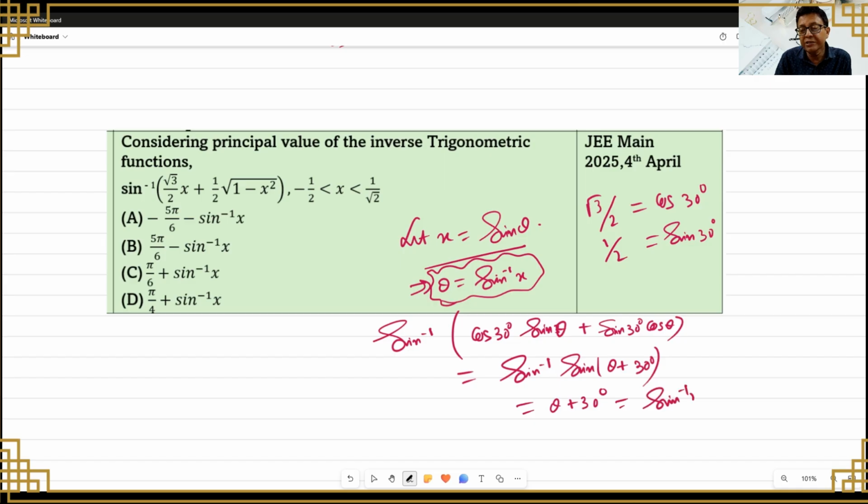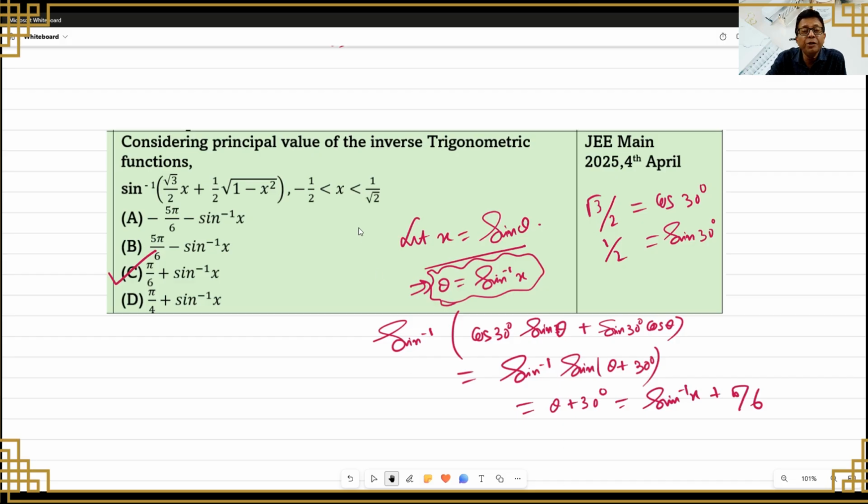Sine inverse x plus 30 degree, they have written in the form pi by 6. So this is the correct one. No extra formula is required. We have just converted all those in the form of sine and cosine, and then you have got.